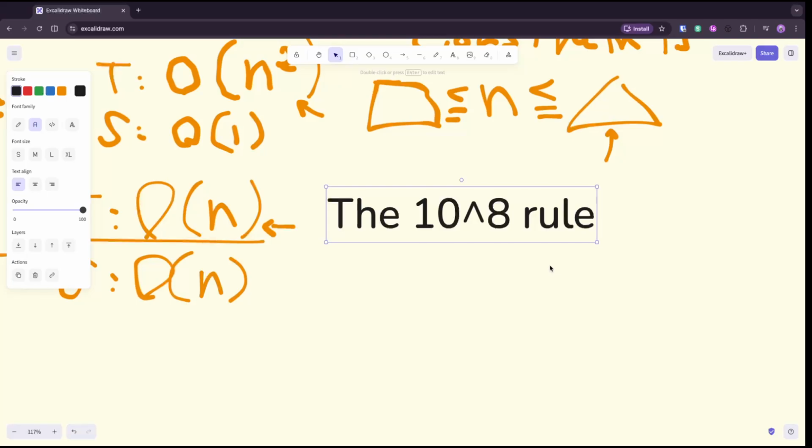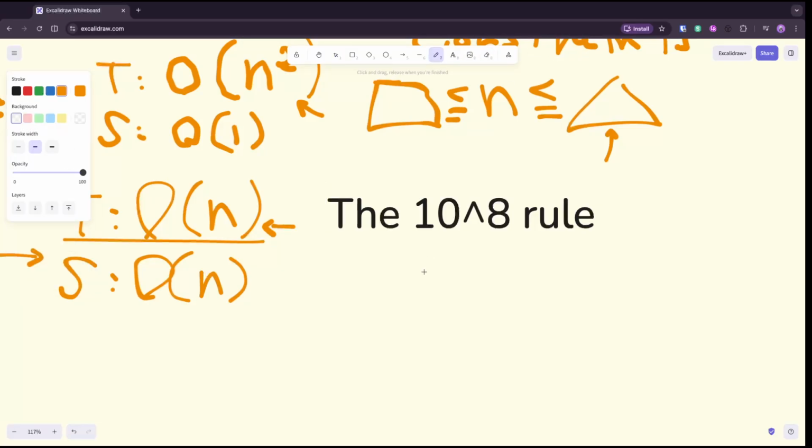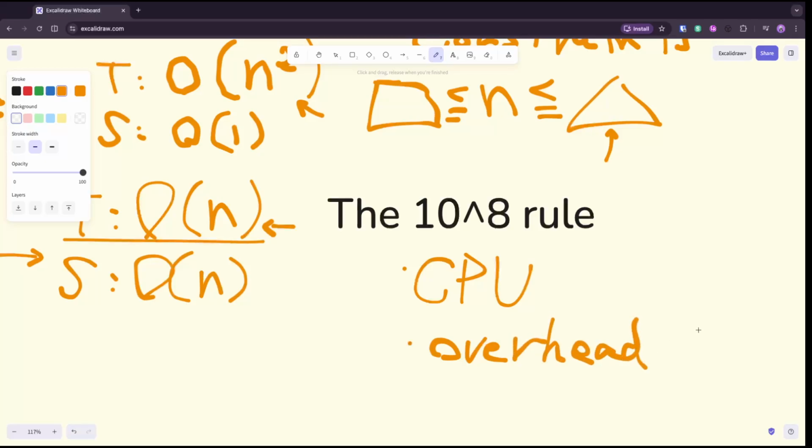The 10 to the power of 8 rule is a rule of thumb based on typical CPU speed and the overhead of high-level operations.